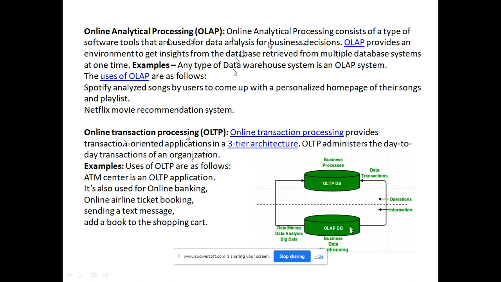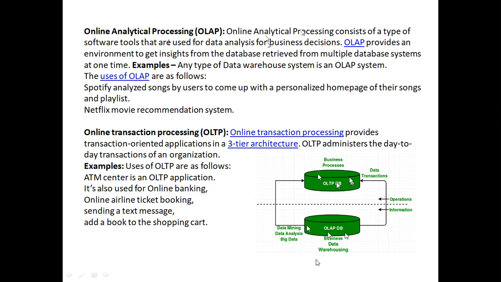Here, what they are trying to say is that you have your OLTP data, where your business process would be running, and this is your OLAP DB, where you do data extractions and data transactions.